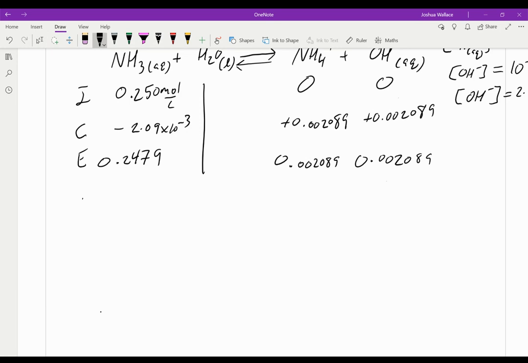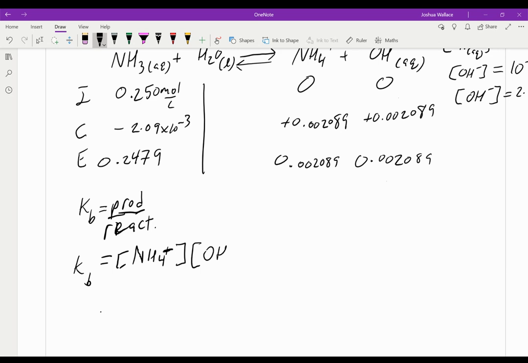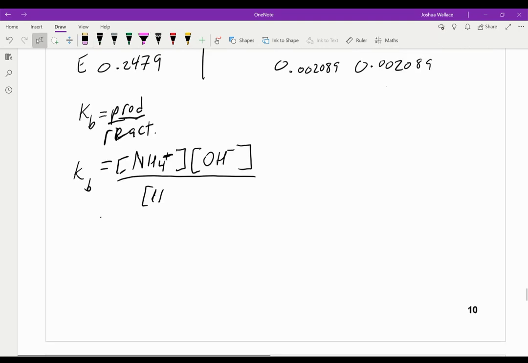Now I have Kb equals my products over my reactants, so Kb equals NH4+ times OH- over NH3.